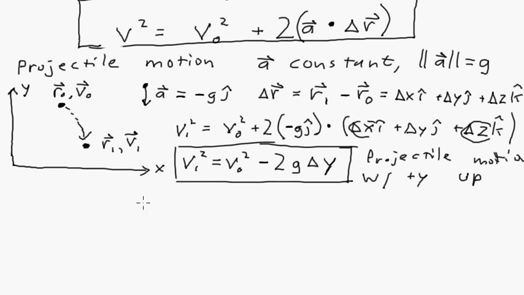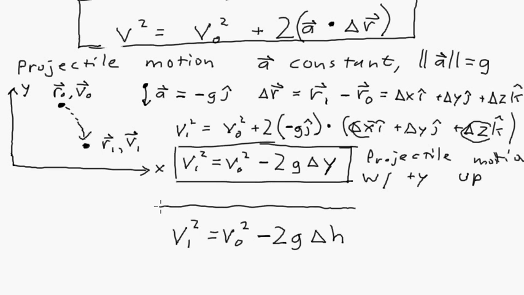When we get into energy later on, we're going to see, if we say h is always positive y, so let's just say height above the ground, then this is another way to put it. And this is nice because this applies no matter what coordinate frame we choose.